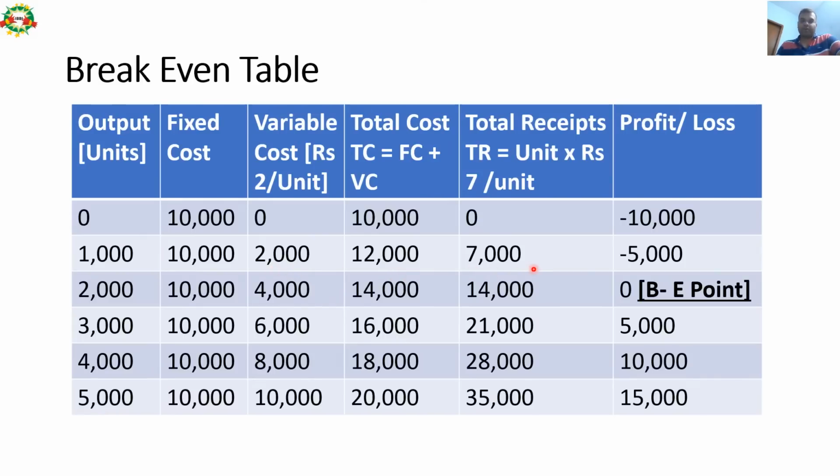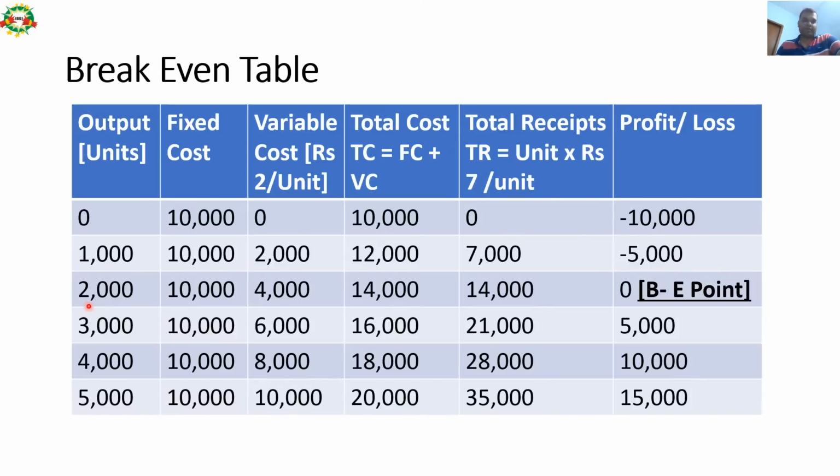Since 1,000 units have been produced and the company is able to sell each unit at the rate of 7 rupees, total revenue to the company will be 7,000 rupees. So 12,000 minus 7,000, total cost minus total receipt, is 5,000, which is the loss. That is why the minus sign has been put. So cost is higher than the revenue, and that is why the company will book a loss of 5,000 rupees here.